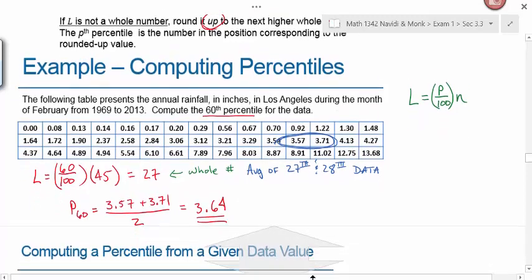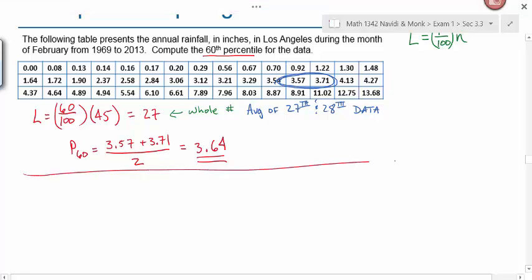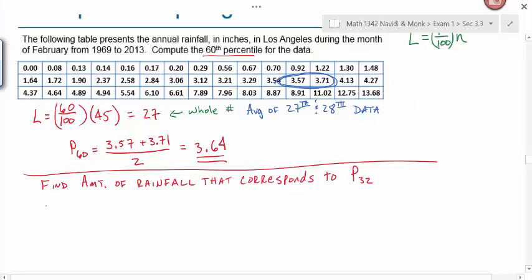Let's try another one. This time, and this isn't part of the problem, I'm just making this up, I want you to find the amount of rainfall that corresponds to the 32nd percentile. To do this, we find our locator. The locator is going to be P, which in this problem is 32, divided by 100 times n, and n is 45.